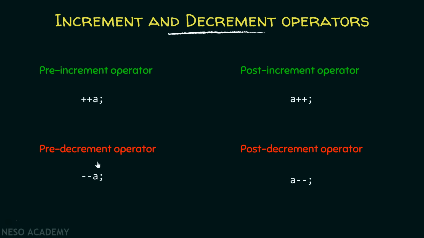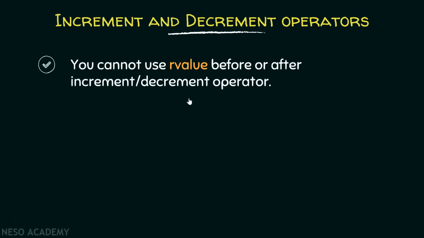For decrement operator also, we have 2 types, pre-decrement operator and post-decrement operator. Pre-decrement simply means minus minus operator is applied before the operand and post-decrement means minus minus operator is applied after the operand.